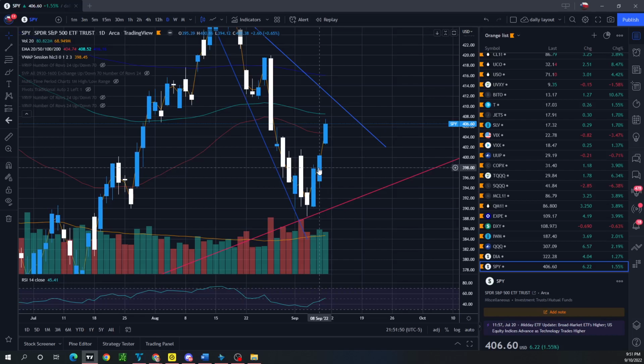Assuming that you bought a call before the close of the 8th, on the 9th we opened at $402.74. So you got a nice gap up. Even if you closed at the open, you've made some money on this one, and if you held until the end of the day, that would have been an outstanding win.